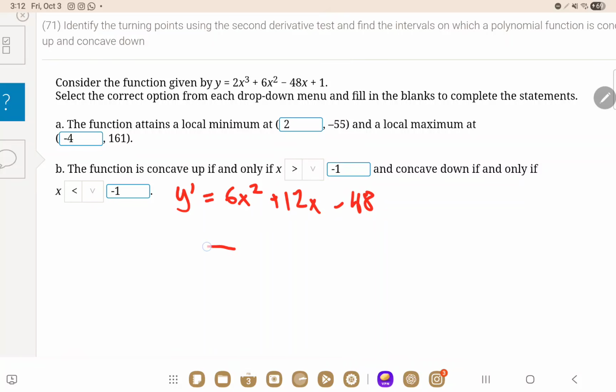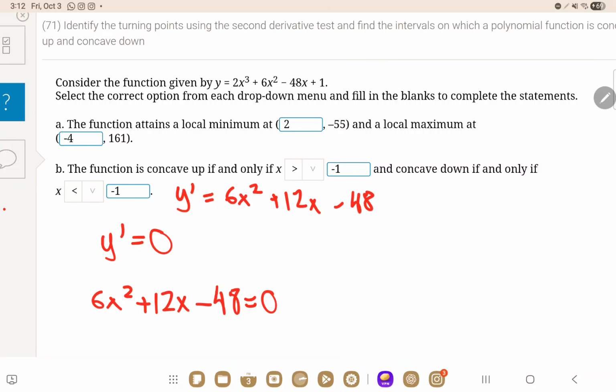We draw our table of variation. But what points do we write? Oh wait, no, sorry. Next is y prime equals 0. And then we do 6x squared plus 12x minus 48 equals 0. And then onto your calculator, we put all these values.